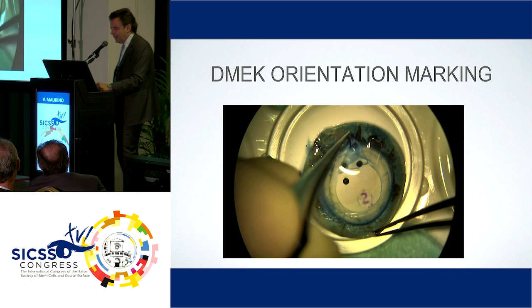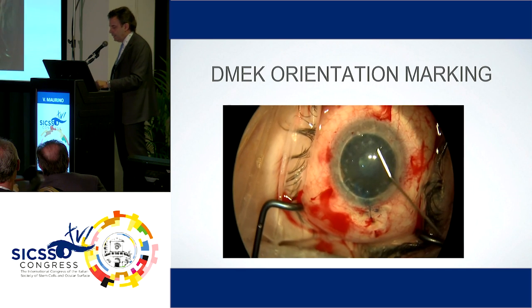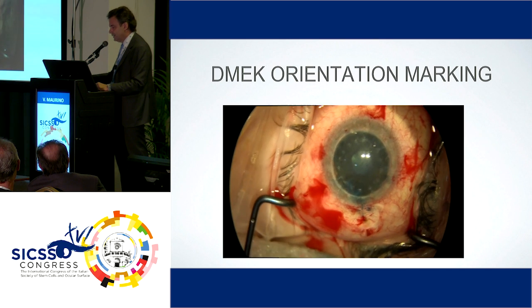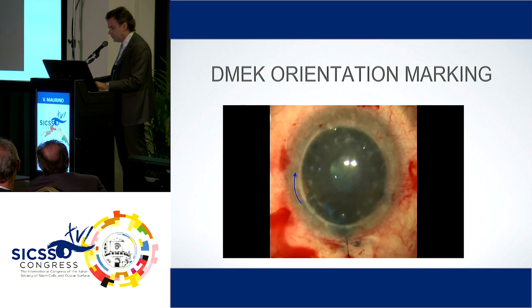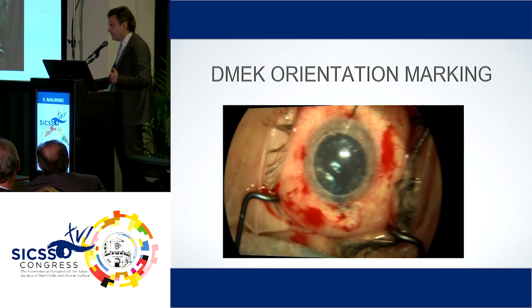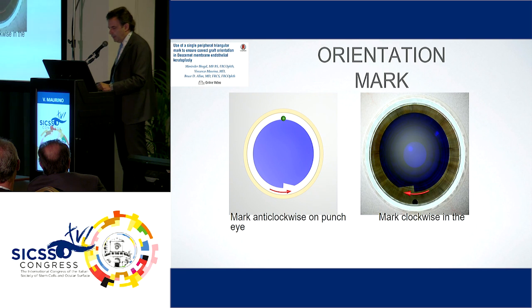And then the peeling is performed, and then it is stained, and then it is inserted with different techniques. This is a patient showing clearly the mark. This is the mark clockwise, and since here the tissue is more clear, it is more difficult to see, because probably we cannot do such a good job as the eye bank, but sometimes having double marks can help.